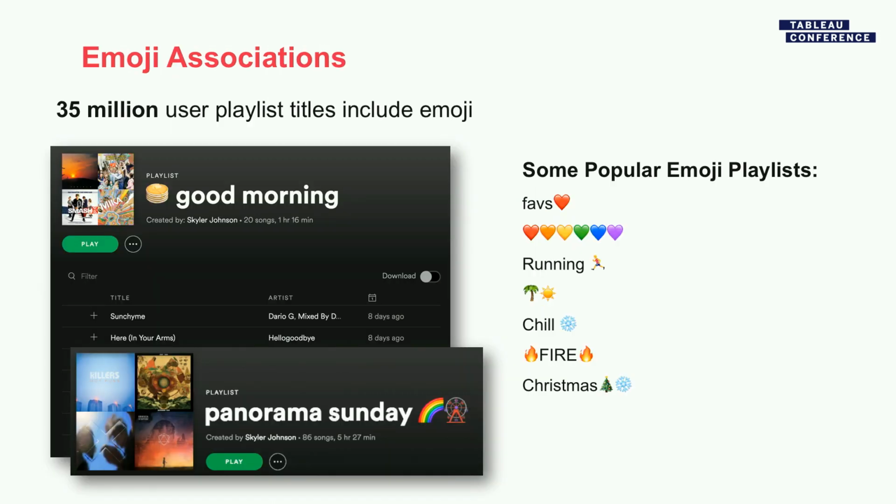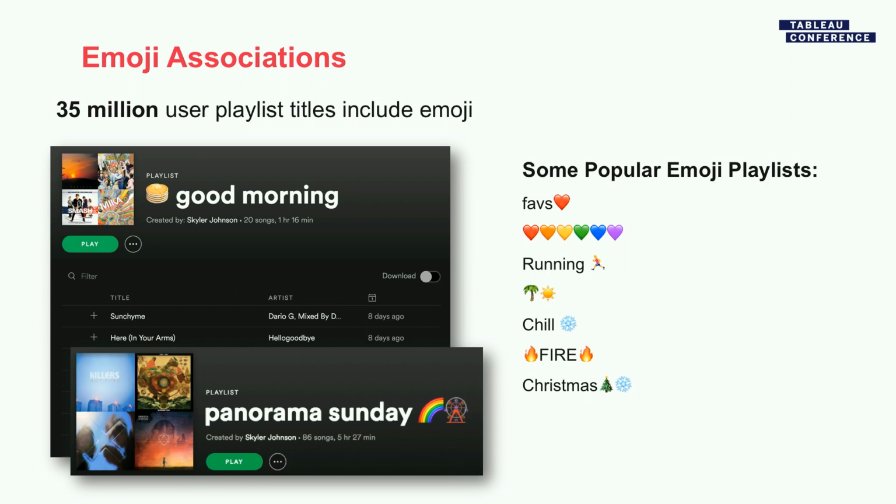So all of that was actually data-driven based on over 35 million user playlists that contain emojis in the title. You can imagine if we connect every title emoji with the artist and the tracks that are in that playlist, we get this massive network where we can see these emoji-artist pairings really emerge, and we can tell a very interesting story.